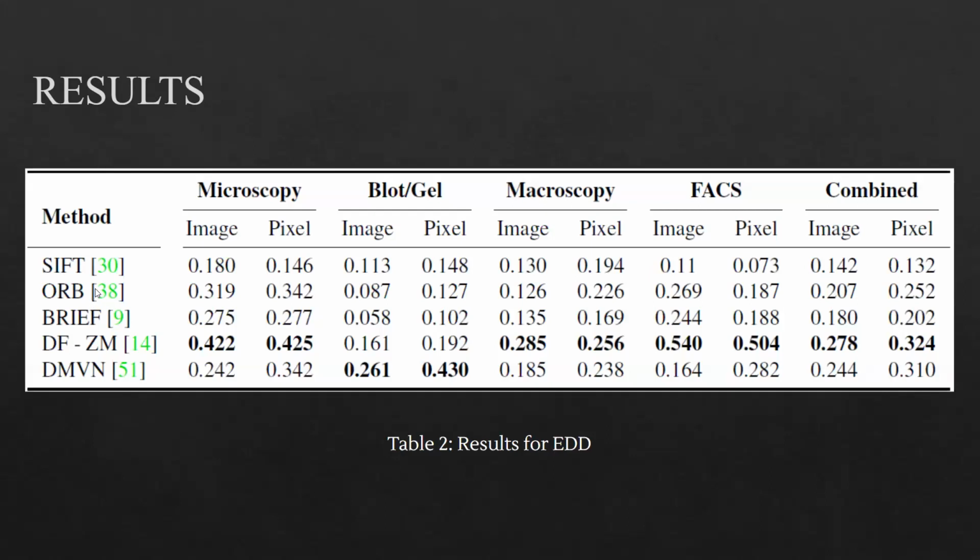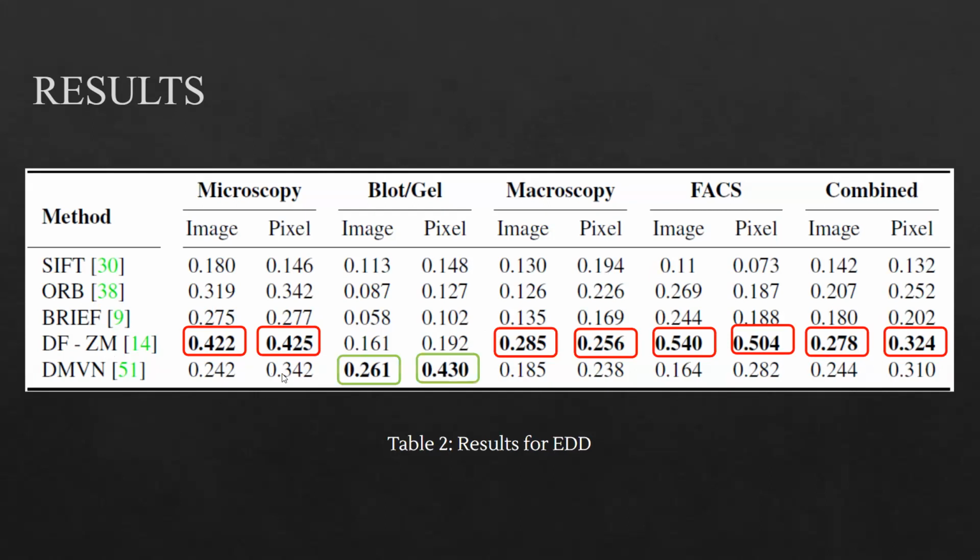Now, in the results part, if we see in the EDD part, we can see that the dense field Zernike moment has outperformed on 3 out of 4 datasets, and overall DFZM has outperformed the rest by a significant margin.